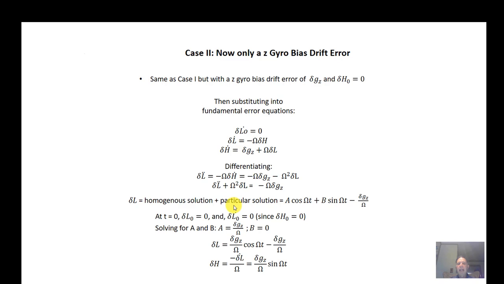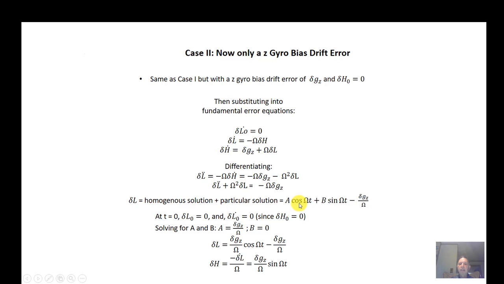So we could say that delta L equals the same homogeneous equation, A cosine omega t plus B sine omega t, minus the particular solution of minus delta GZ divided by omega. Notice that all quantities should be in radians.